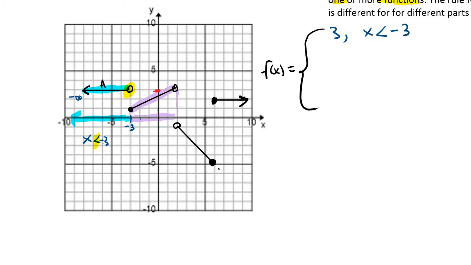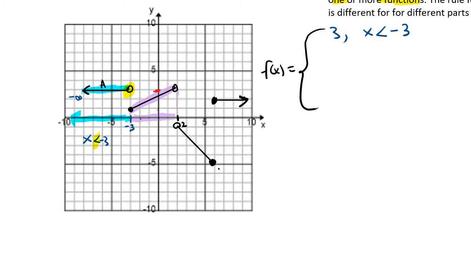Going by the same way of writing the domain, you will see that that portion goes from negative 3 all the way to 2. So that place right here is 2. So we can see that the domain for this function highlighted in purple is from negative 3 all the way to 2.